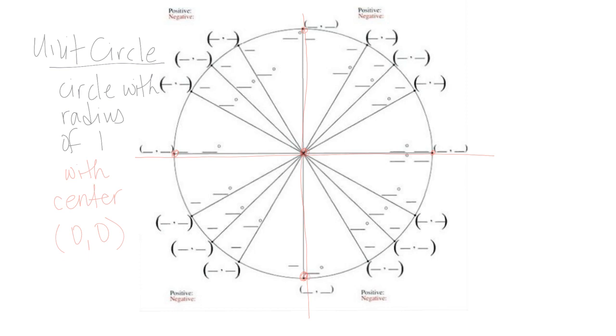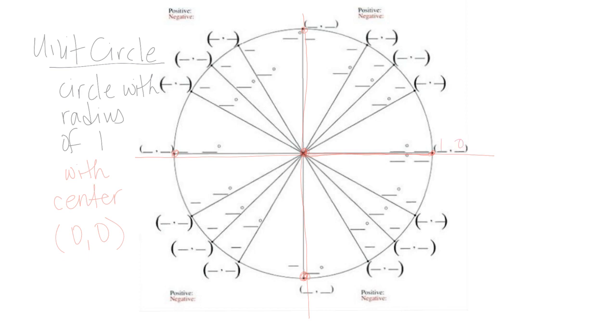Here, I'm pointing out these first because they are points that we should know without doing any angle work, right? If this is the center and the radius of the circle is 1 and I'm just going directly horizontal, I know that this point is the point 1, 0.